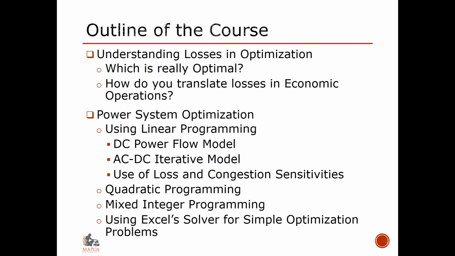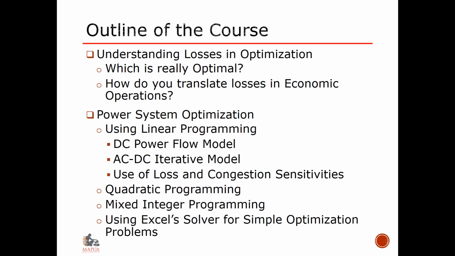So we will use linear programming, and with linear programming, the first basic model that's being used by most students and eventually researchers is a DC power flow model. But when you go to a commercial system, you'll eventually use other methods to incorporate AC.